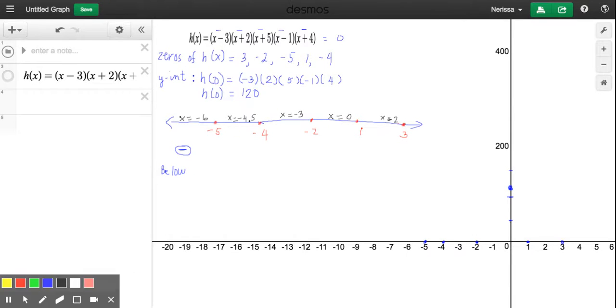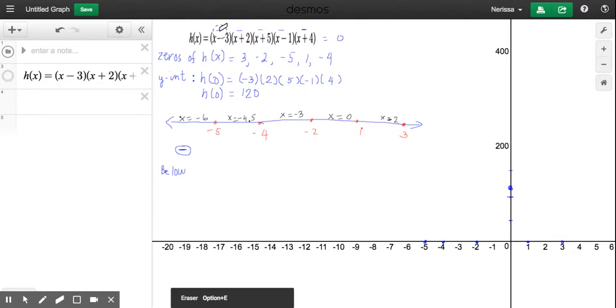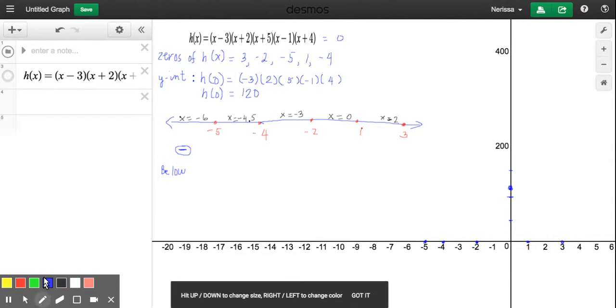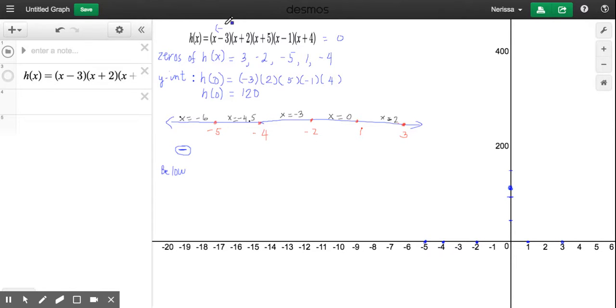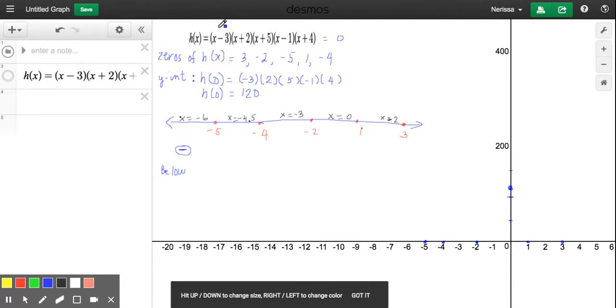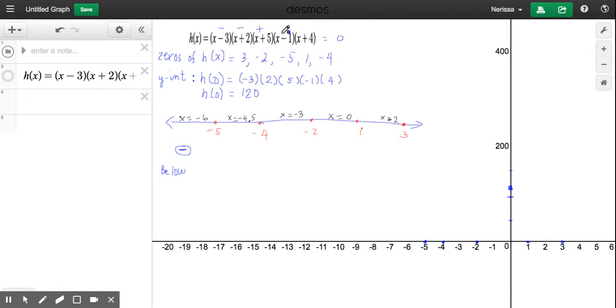How about here when x is -4.5? So let's erase this. When x is -4.5, -4.5 minus 3 is negative. Okay, so this is negative. -4.5 plus 2 is negative. -4.5 plus 5 is positive. -4.5 minus 1 is negative.